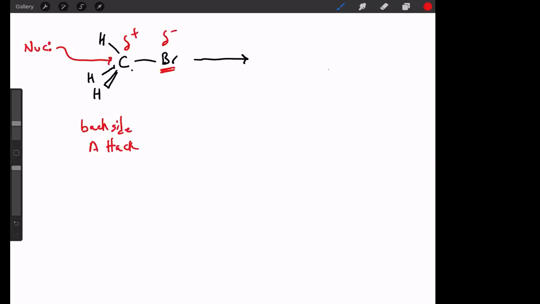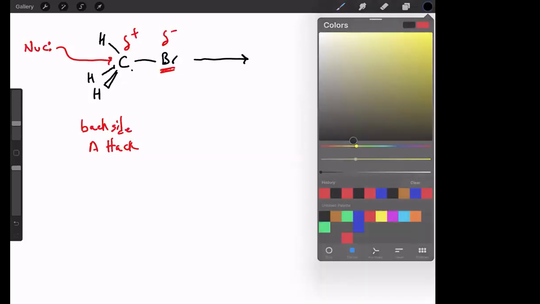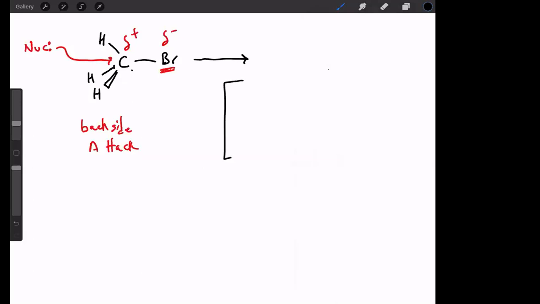And so we get this situation where the nucleophile is naturally attracted to the positive charge, but it's attracted to that positive charge on the side that's away from the negative charge that's repelling it. And so now I want to talk about this transition state, because it's important to figure out what the transition state looks like.